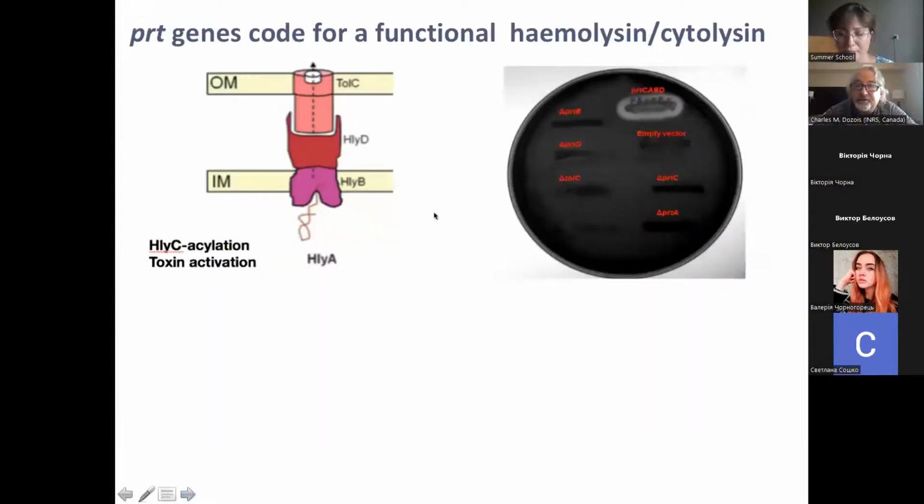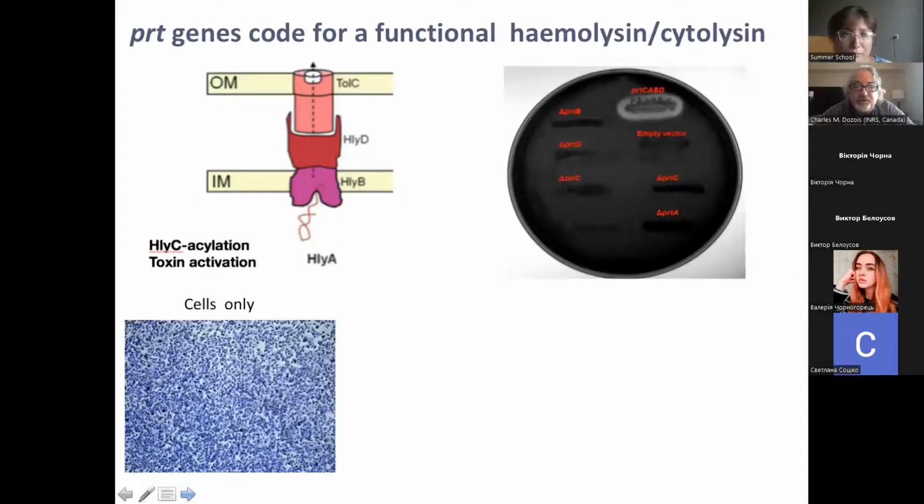Finally, there's this RTX toxin as the third region. When we clone it, we can see it's able to lyse erythrocytes. In the wild type strain, though, you can't detect that. There's no hemolytic activity. It's silenced in vitro. And so when you clone it in higher copy, you can detect this functionality.